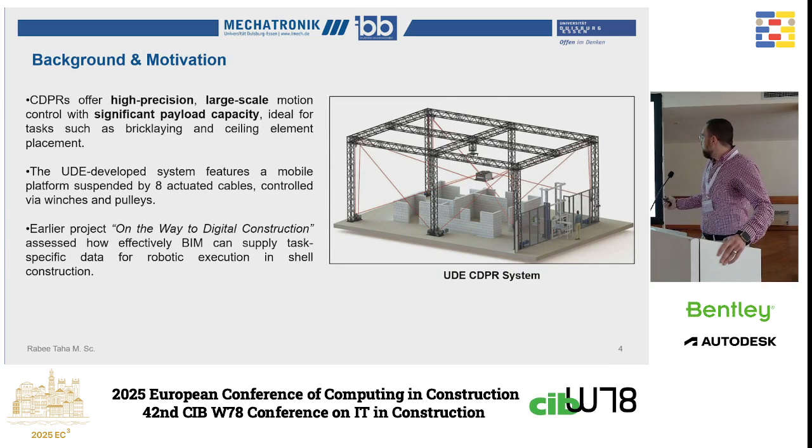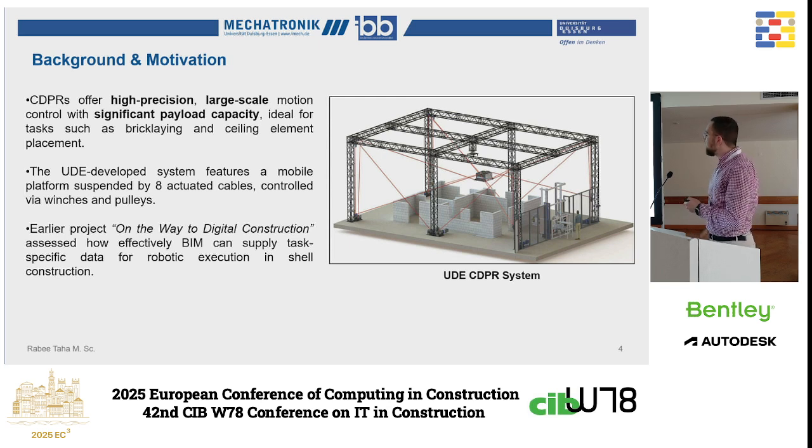As you can see here, this is a visual representation of the CDPR system that we developed at the university. It basically consists of an end platform that is actuated by 8 cables. These cables are controlled through winches and pulleys.